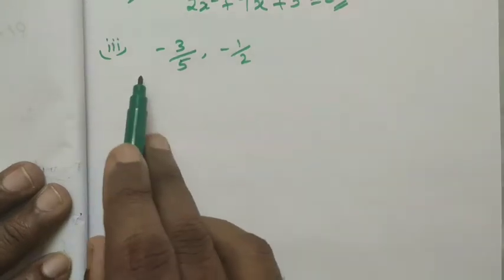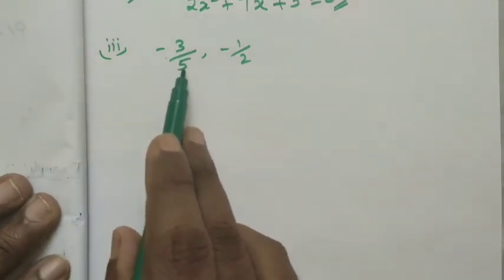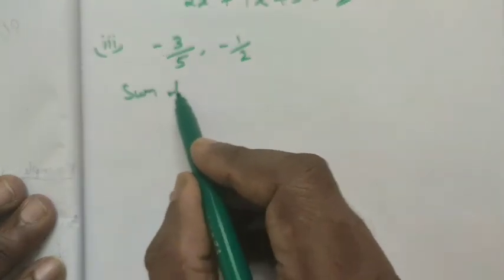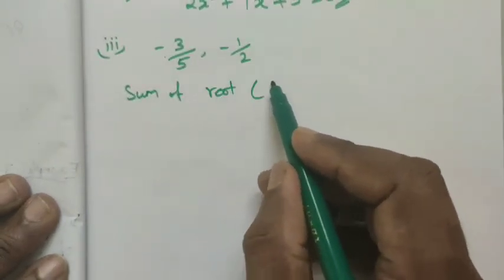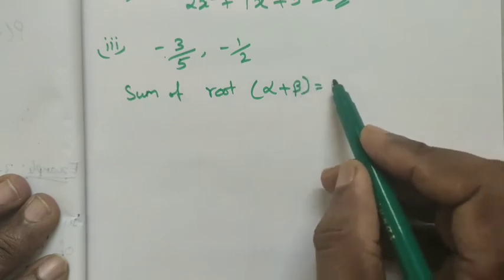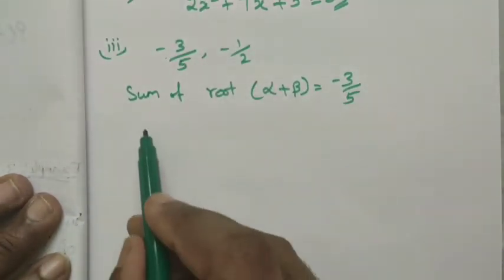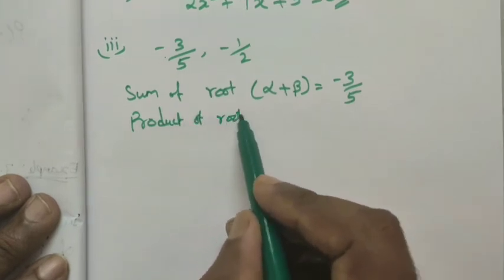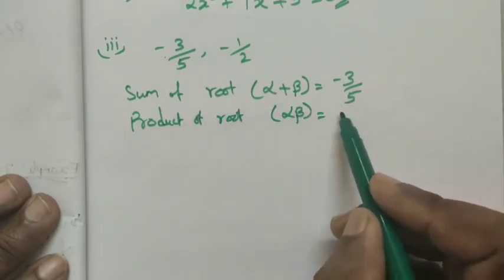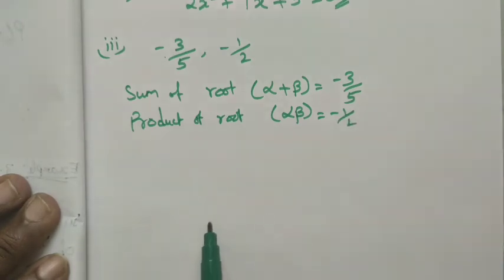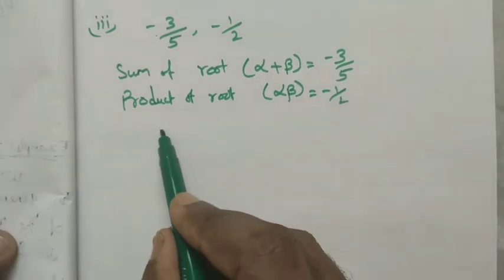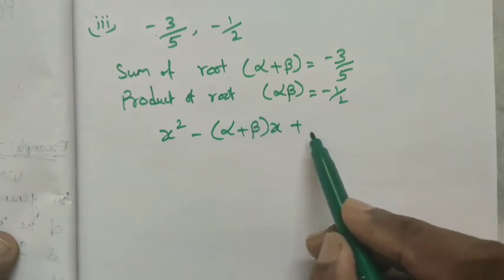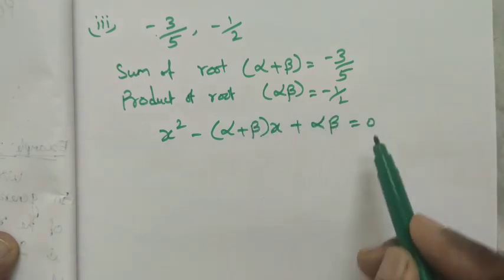Next we see Roman number 3. Minus 3 by 5 is the sum of the roots and the product of the roots is minus 1 by 2. Now the sum of the roots, that is alpha plus beta, is equal to minus 3 by 5. The product of the roots, alpha into beta, is equal to minus 1 by 2. To form a quadratic equation, we know the formula: x square minus sum of the roots into x plus product of the roots equal to 0.